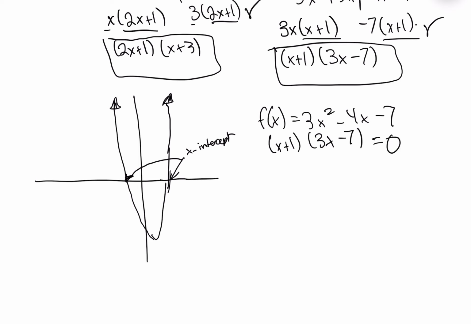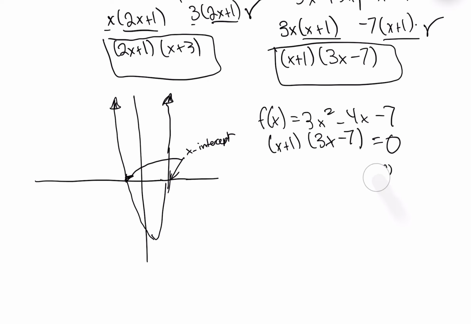So now, okay, we could think about this logically. x plus 1, if this entire equation is equal to 0, then it doesn't matter what this is because it's 0 multiplied by something, which is going to be 0. Then if we have 3x minus 7, if this thing equals 0, it doesn't matter what this is because it'll be that times 0, which equals 0.